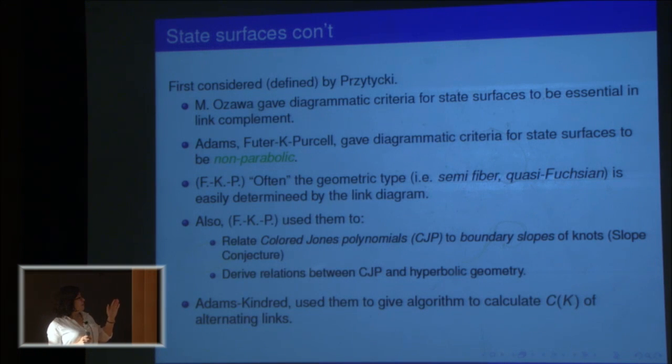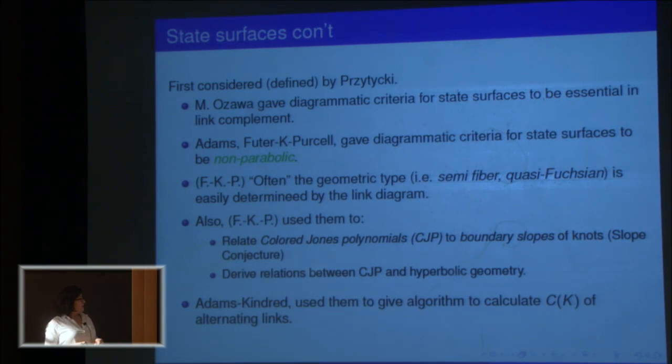Then people realized that the geometric types, if you're working in a hyperbolic knot complement, can also be described from the diagram. So in particular, you don't get parabolic ones, you get geometrically finite surfaces. And another thing that we've been using in work with Futer and Purcell is to get information on Jones type invariants and knot complements, incompressible surfaces. So they served as a bridge.